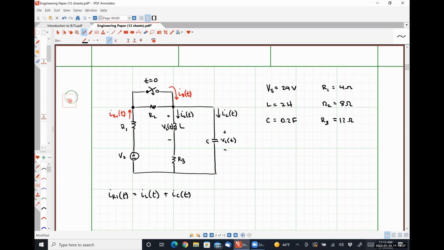All right. That is the simple application of Kirchhoff's current law at the node where the resistor R2, the inductor, and the capacitor are all connected together.